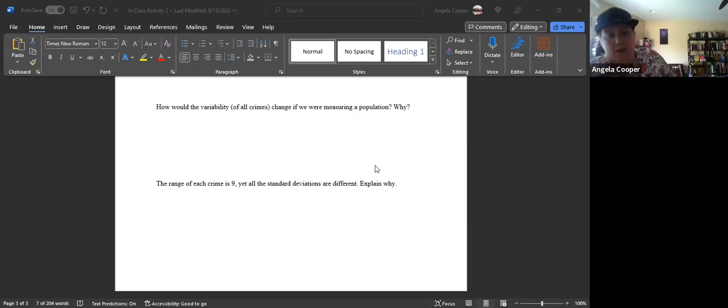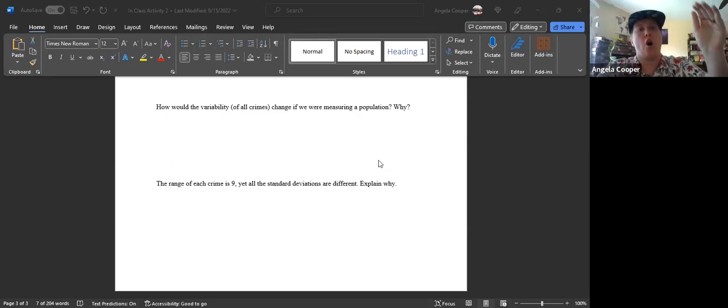With this data set of 116, range leaves out 114 people. They're not important for this measure of variability. I'll tell you the variability, it's 9 because I'm doing range. Then you have standard deviation, which accounts for all of the people, not just the highest and the lowest person's amount of fear.